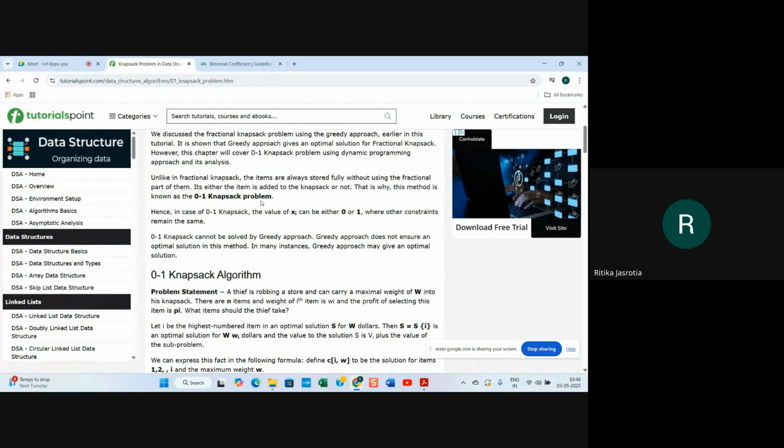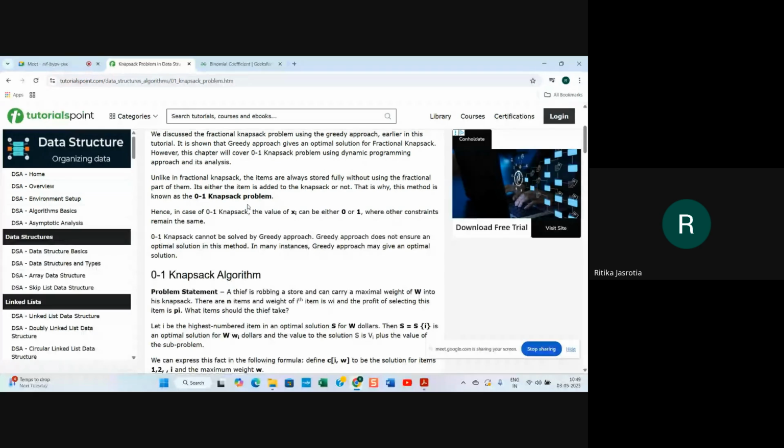Right. So in fractional knapsack, whatever items you could fill in the capacity of the sack, how much you could fill.